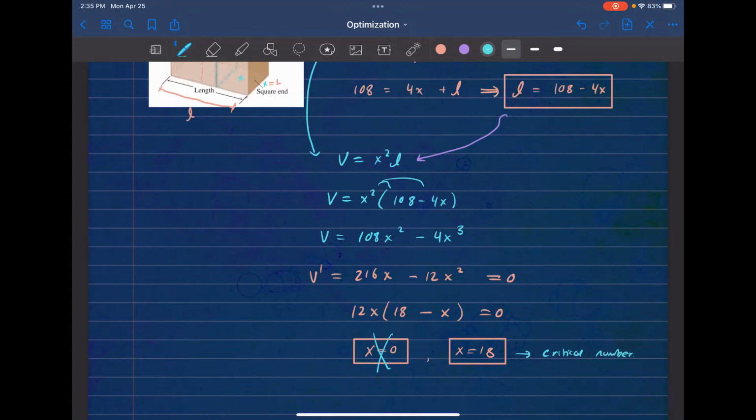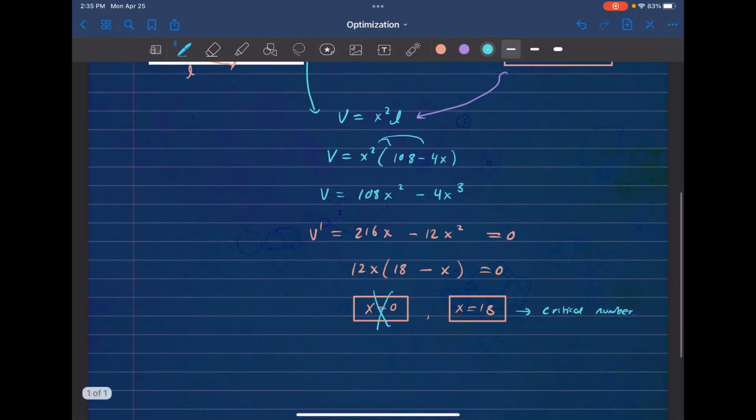Now, will this provide the maximum volume? Well, let's check the second derivative. So here's V prime, and if you take the second derivative, you will get 216 minus 12 times 2, that's 24x. And now when you plug in, V double prime of 18, you'll get 216 minus 24 times 18.